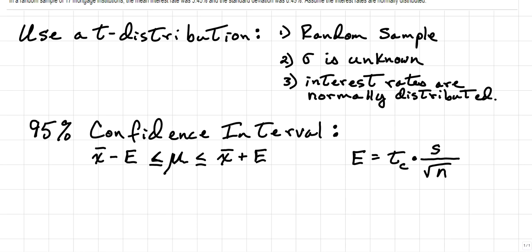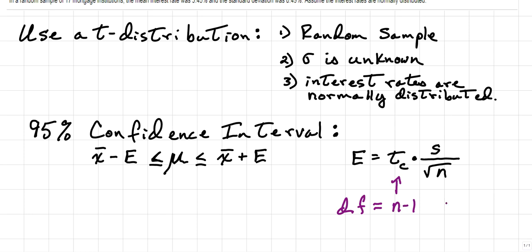So now we need to go ahead and create our error. So we need to find t sub c using degrees of freedom for this problem. The degrees of freedom is going to be equal to n minus 1.